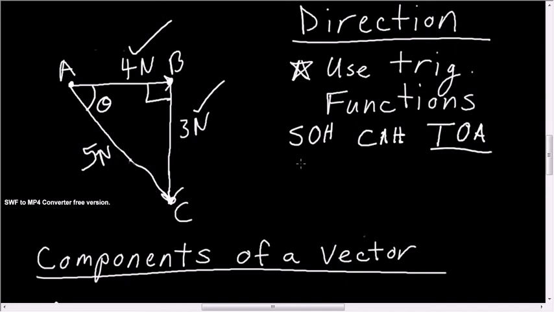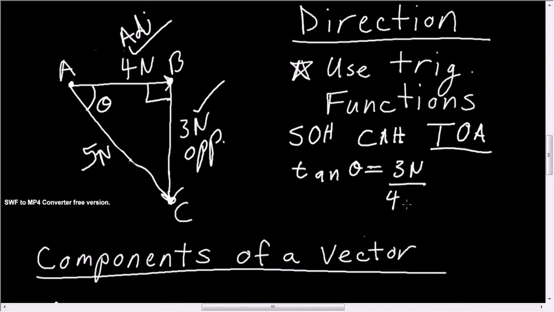So if I take the tangent of our angle theta, we get opposite, which is 3 newtons, over adjacent, which is 4 newtons, so 3 newtons over 4 newtons. Right. Then I need to take the inverse tangent to find the angle, so the inverse tangent of 3 over 4. Make sure you take the inverse when you do this, otherwise you will not get the right answer.